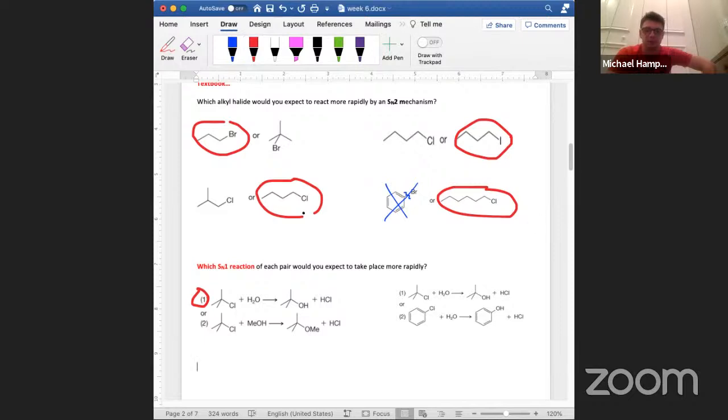Can you explain why it's number 1? Because if, in this course, keyword, in this course, you have a benzene ring with a leaving group directly attached to it, you will not have a substitution reaction. That's all you need to know. All right. Does that answer your question?